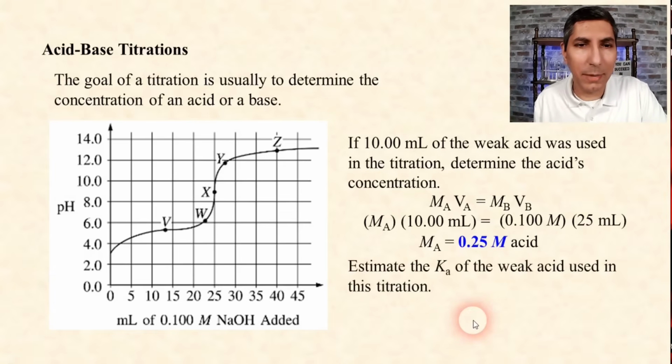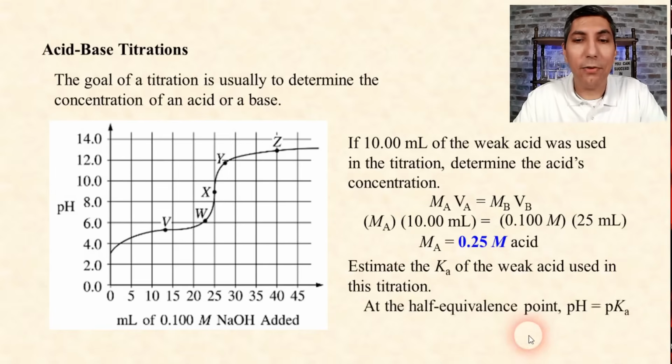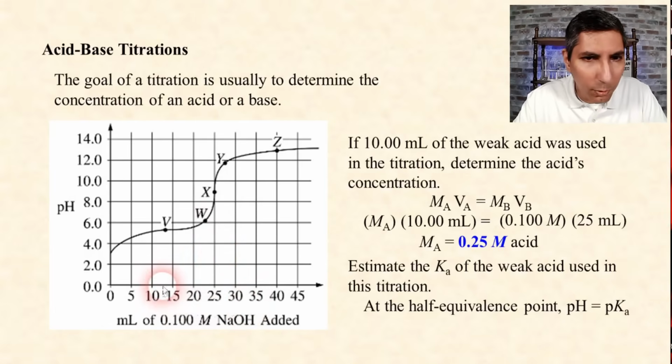Now, let's estimate the Ka of the weak acid used in this titration. Well, the way we do that is we have to find the half equivalence point. So notice that it took us 25 milliliters to get to the equivalence point. Well, the halfway point would be 12.5. So I go to the 12.5 milliliter point, which is right here.